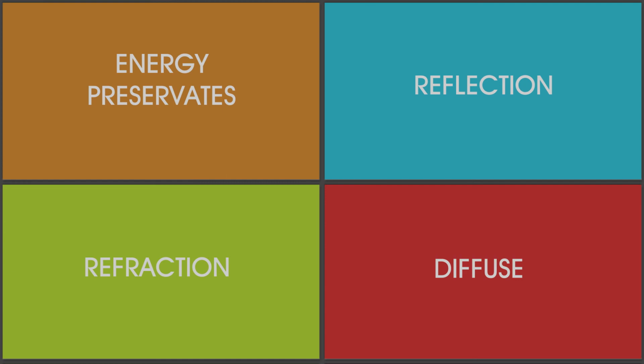So the light preserves its energy, and we need to more or less calculate this, but the render engine is very good at calculating this, so just take it into account.